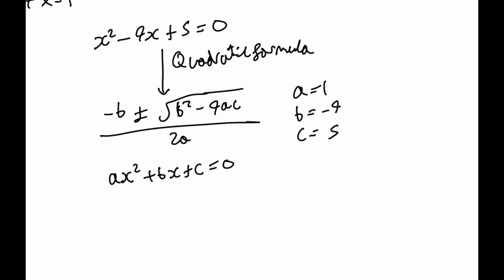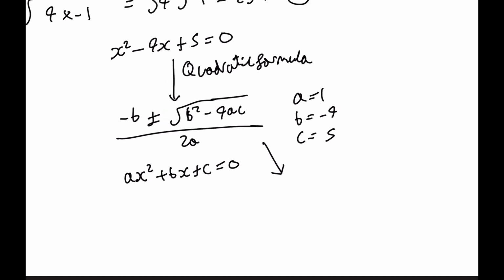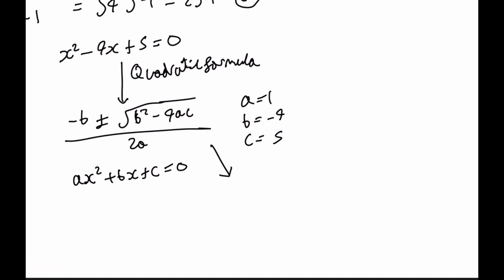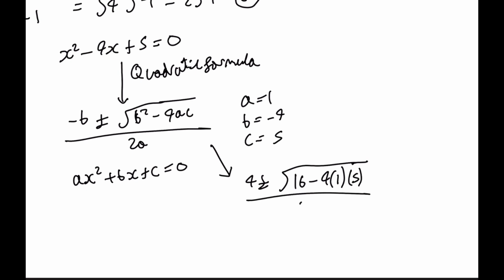So if we substitute this into the formula, we will get 4 plus or minus the square root of b squared, which is -4 squared, which is 16, minus 4 times a, which is 1, times c, which is 5, all over 2a, which is 2 times 1. And if we simplify this, we'll get 4 plus or minus root -4, all over 2.